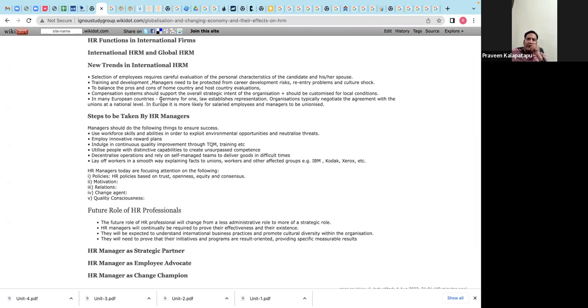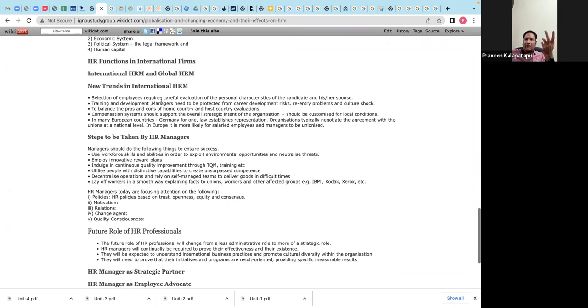Okay, so now HR functions in an international firm. So what are the general functions as far as this international firm is concerned? First thing is recruitment. Recruitment would be done in all of them, right?